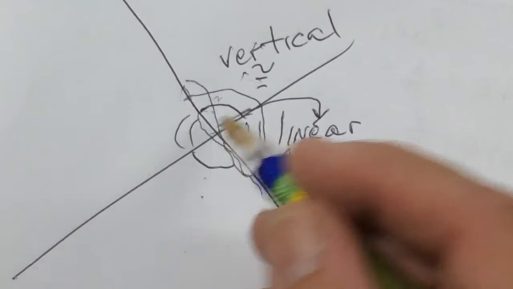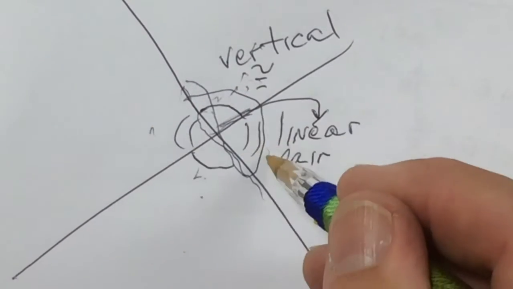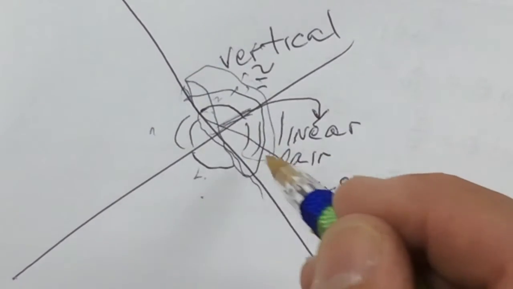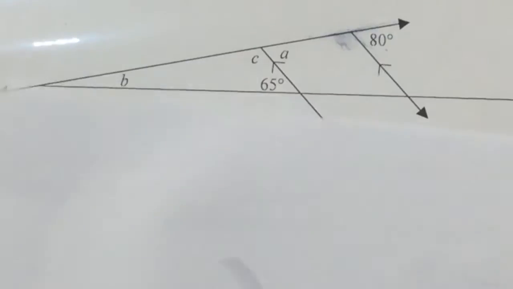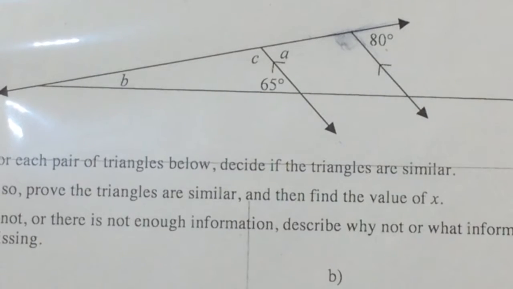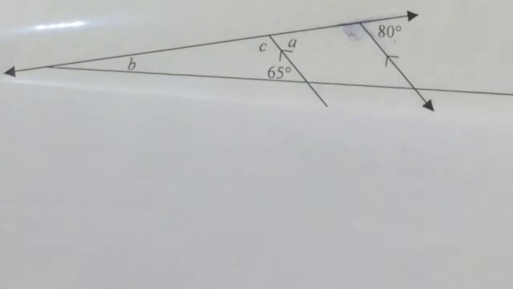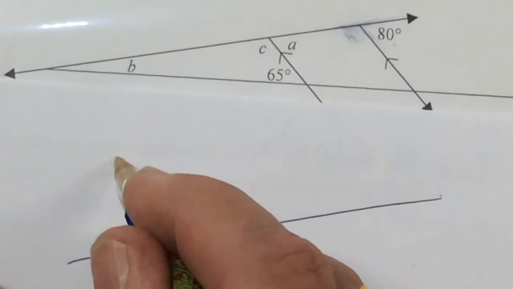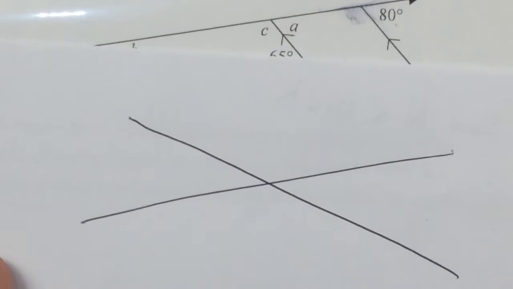So you wind up with two pairs of congruent angles, and then four pairs, 1, 2, 3, 4, four pairs of angles that you know add up to 180 degrees. That happens every time two lines cross.